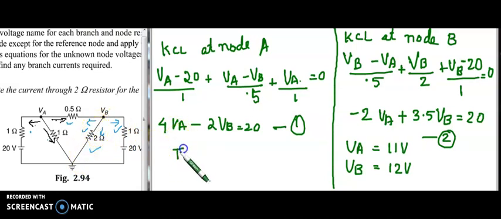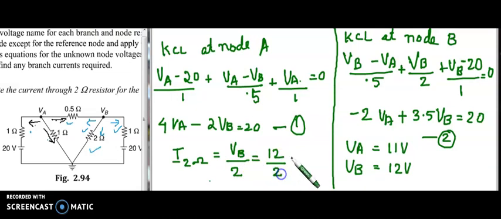The current through 2 ohm resistor is V by R, where the voltage is VB, which is 12, and the resistance is 2. So 12 by 2 is equal to 6 ampere. This is how we use nodal analysis to find the current through 2 ohm resistor.